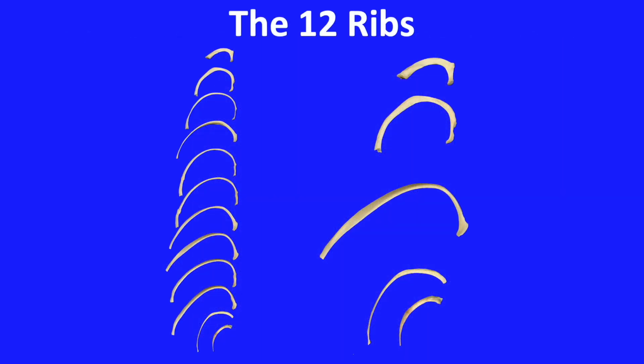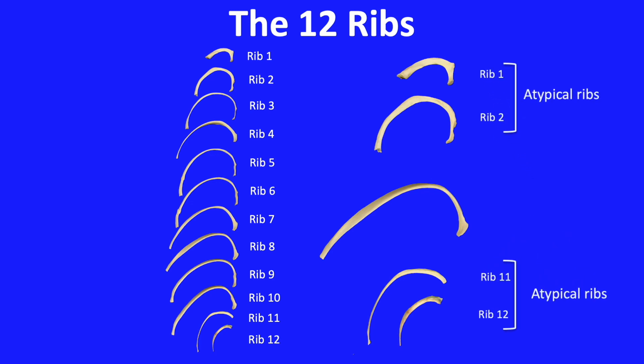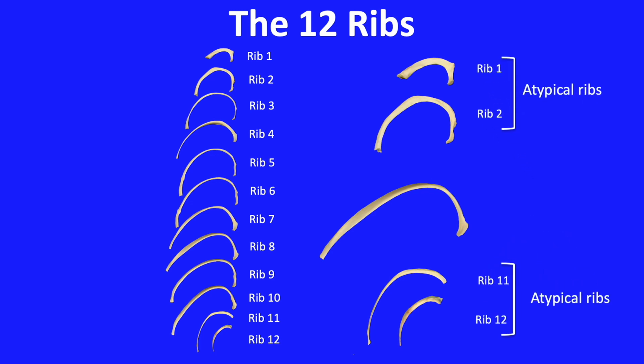Let's now describe the ribs. We have 12 ribs on each side of the thorax, helping to protect the inner organs. Looking at the ribs as a group, however, it is clear that no two ribs are the same. Typically, we say that ribs 1 and 2 and 11 and 12 are atypical ribs.